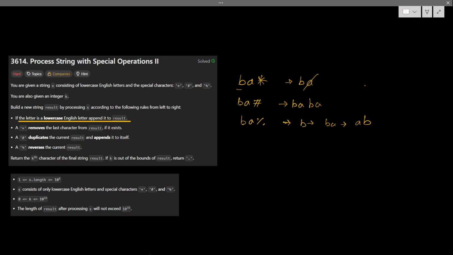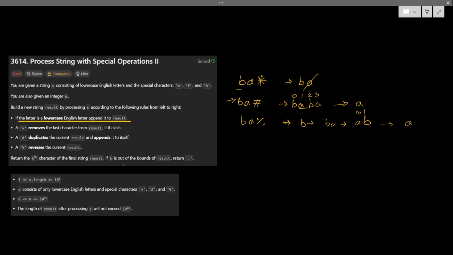This is similar to the problem statement of problem number 1. What is asked here is to return the kth character of the result. Let's say the indices are 0, 1, 2, 3. If k equals 1, I will return a, and if k equals 0, it will also be a.